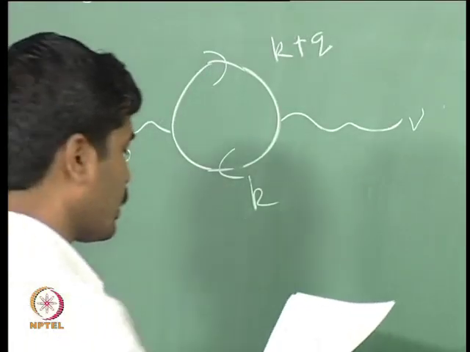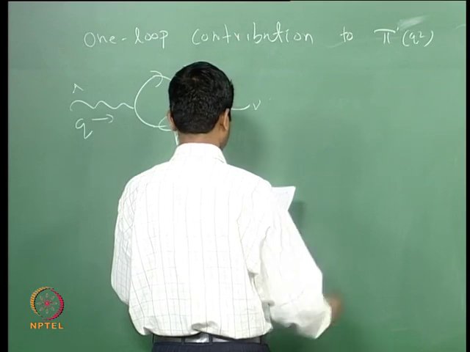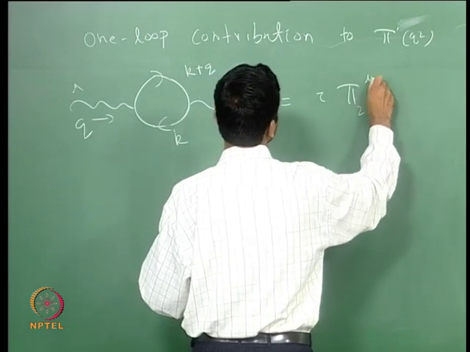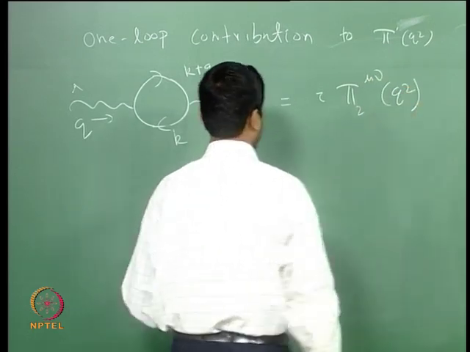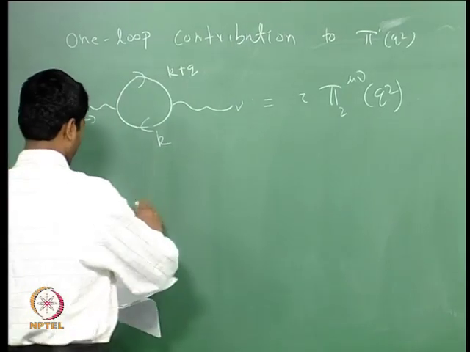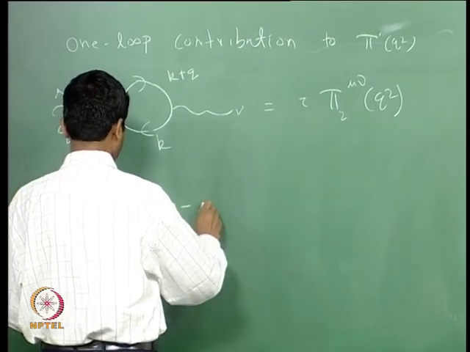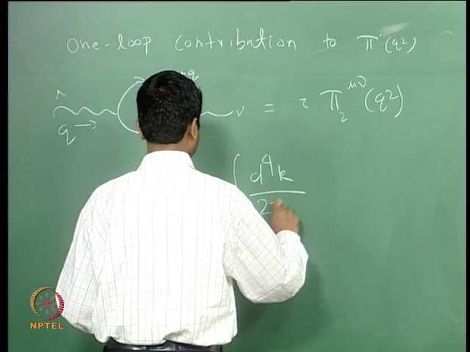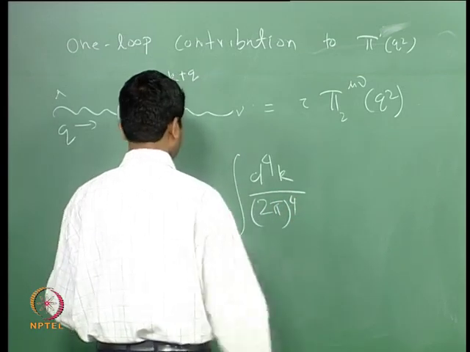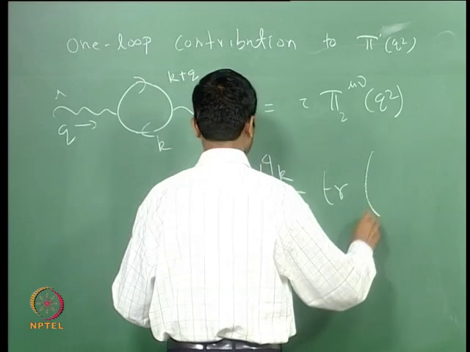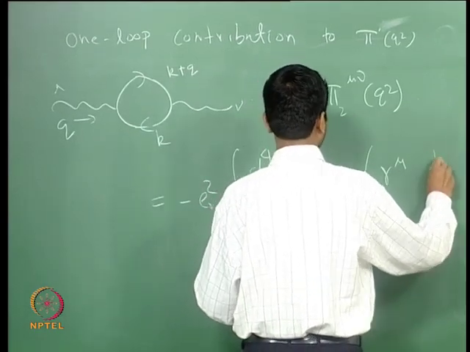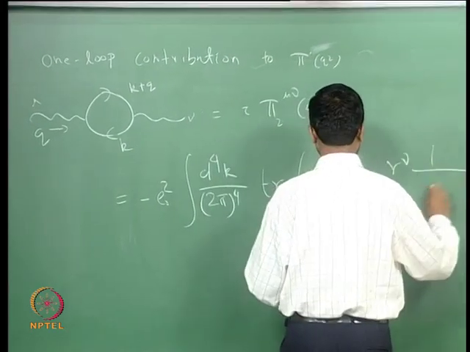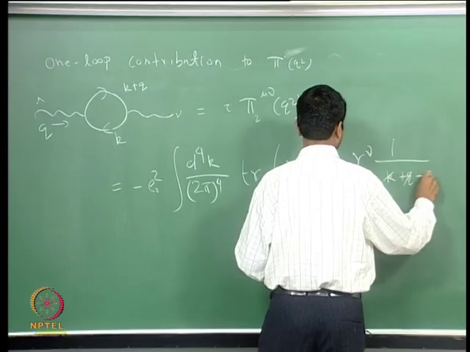This is basically given by i Pi mu nu of q squared, and this is simply minus e_0 squared integration d^4k divided by (2 pi)^4 trace of gamma mu 1 over k slash minus m gamma nu 1 over k slash plus q slash minus m.